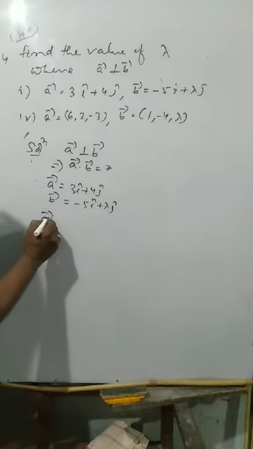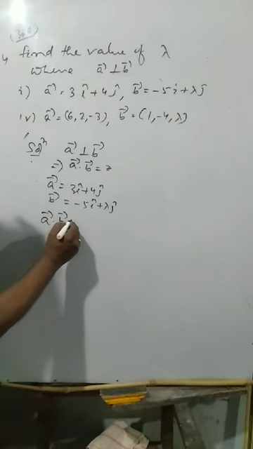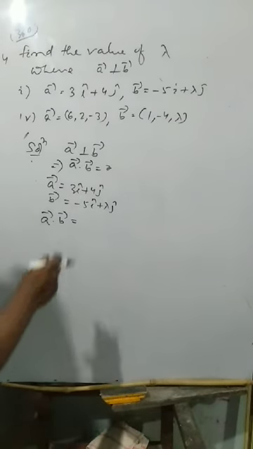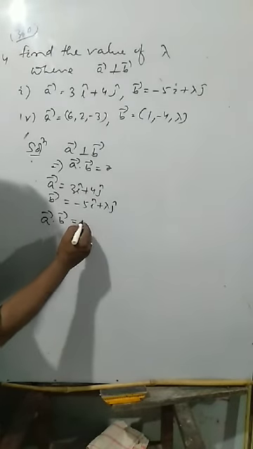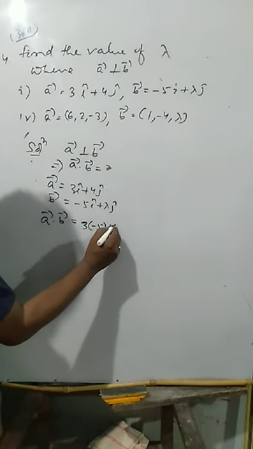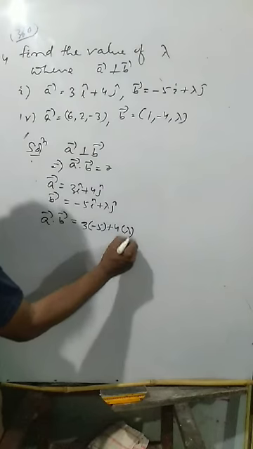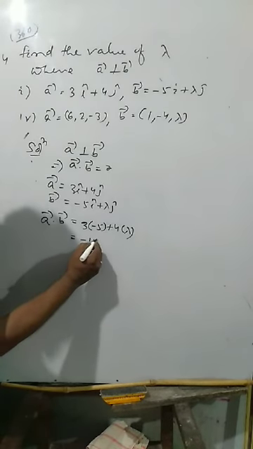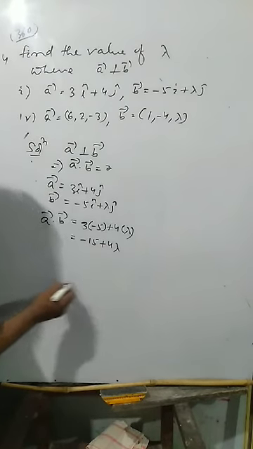So a dot b equal to what? You multiply 3 into minus 5, minus 15, plus 4 into lambda. This is equal to minus 15 plus 4 lambda.